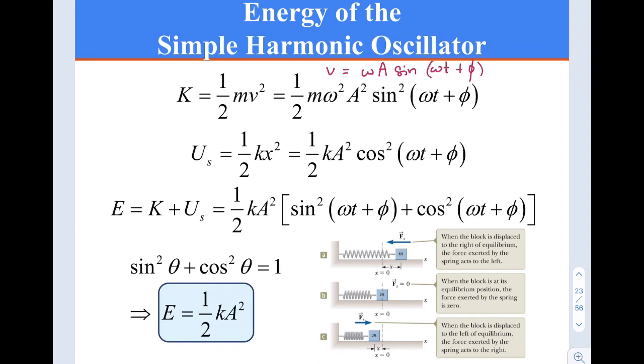And then the potential energy within the spring is equivalent to half kx squared. Let's recall this from physics 1. And in the special case here for simple harmonic oscillator, x is equivalent to A cos omega t plus phi.